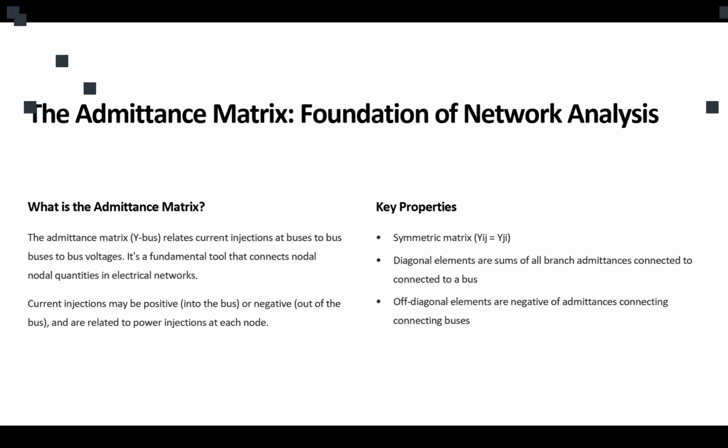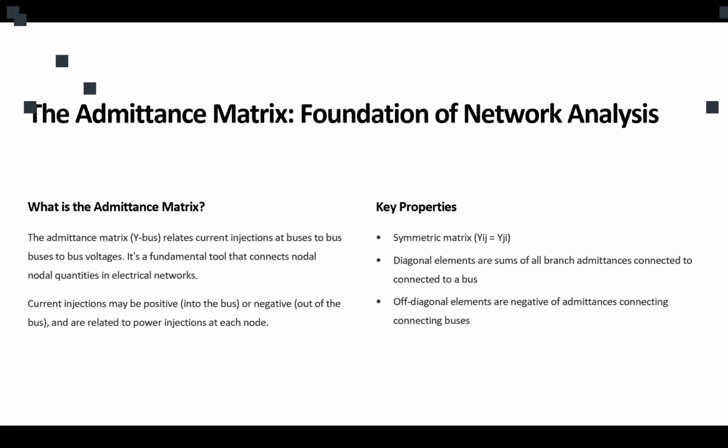But what is the admittance matrix? It relates directly to how much current is injected from each node or between each two nodes. When I say nodes, sometimes I'm going to call them buses, because the term bus is the same as node in power system analysis.